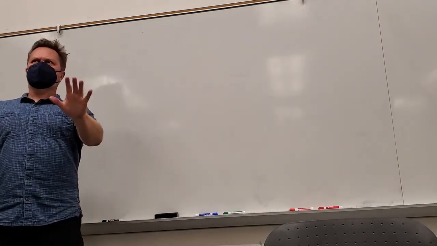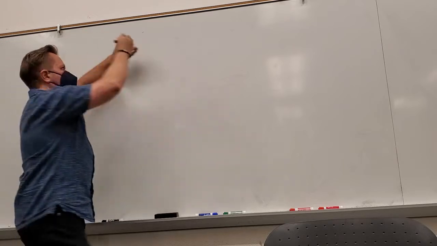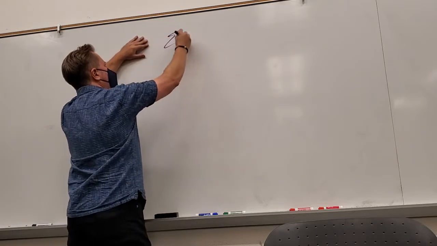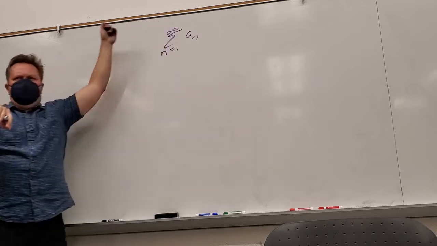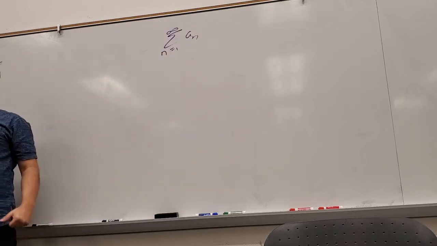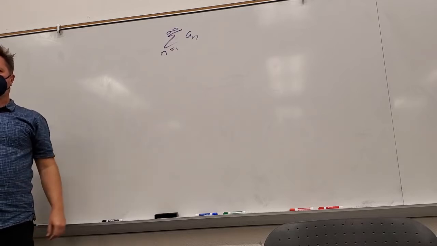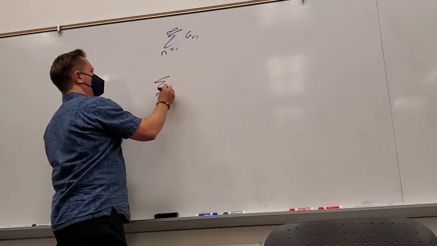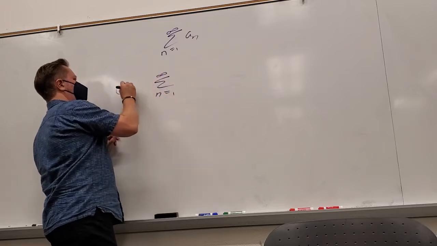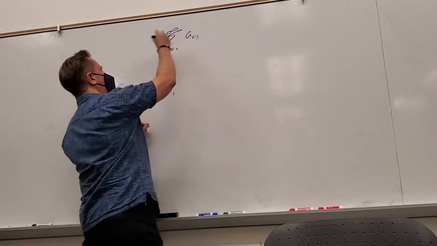I just want to ask you what you think about this. If I'm given a series, and I want to know if it converges, but I'm going to give you one more piece of information. I'm going to tell you that I know, given that this converges, does this converge?